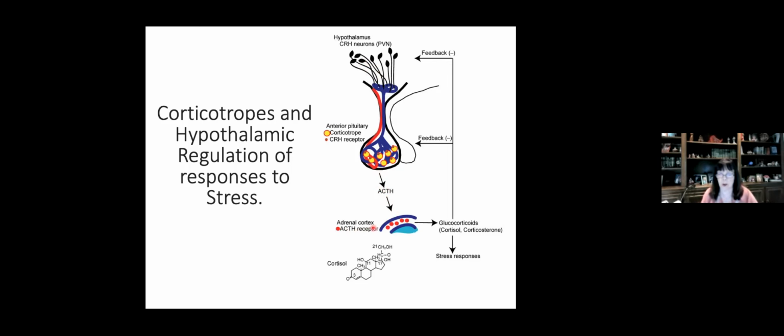Now, we don't have time to go all the way to talk about the whole endocrine part of this, but just know that the adrenal cortex has a special group of cells that produces cortisol, and cortisol rises. There's cortisol. This is what it looks like. It's a steroid. And it rises, and basically it forms part of our stress response.